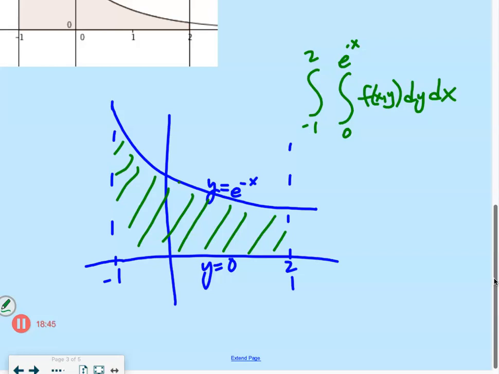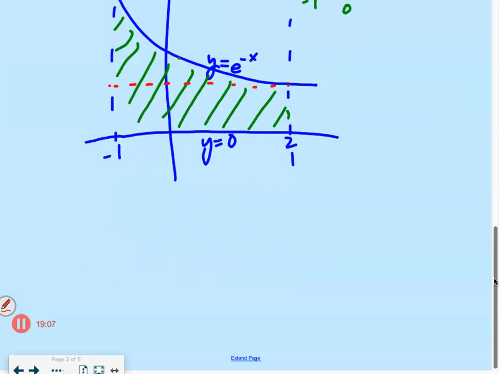But if I drew it down here, I'd hit this guy. Since I have 2 different boundaries on the right-hand side, I have to do 2 sets of integrals and add them together. So the first integral, I'm just going to do this rectangle.